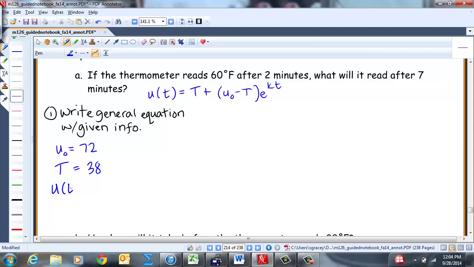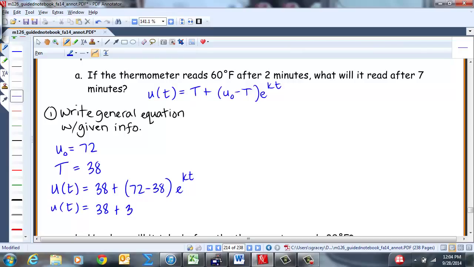So U at t will be 38 plus 72 minus 38, and that's all times e to the kt, in parentheses. But I can certainly do 72 minus 38 inside the parentheses, which is 34.